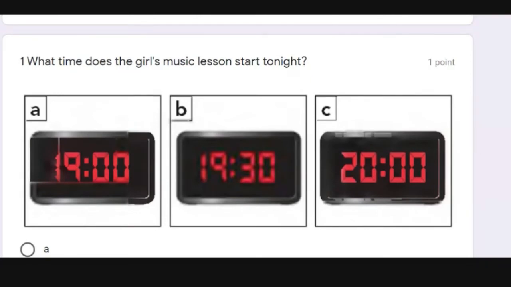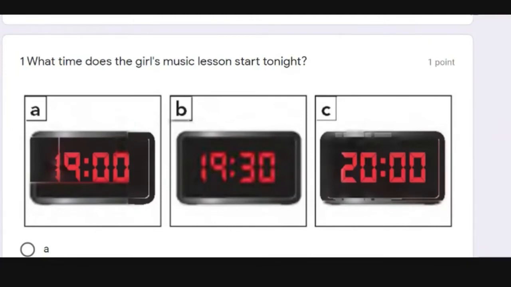Okay, Kylie, please explain. What's your answer? Okay, they have a celebration at 7 o'clock. So we know that 7 o'clock is not the time that the music lesson starts. Then why not 7:30? The girl mentioned 7:30, right?